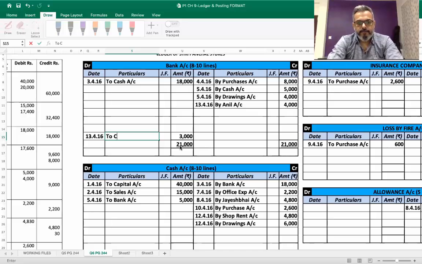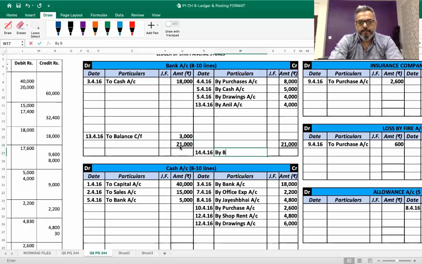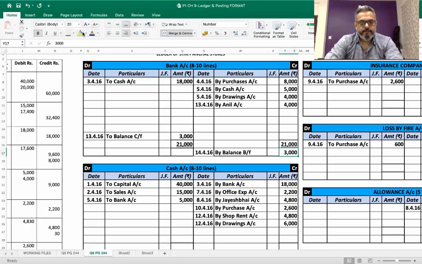We write to balance carried forward and 14/4 by balance brought forward 3,000. I'll highlight this.